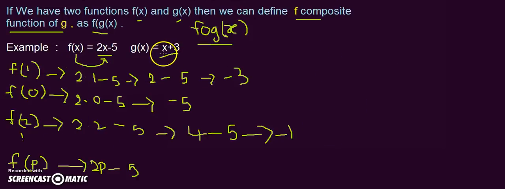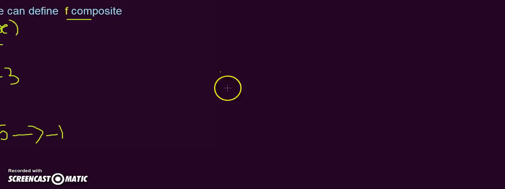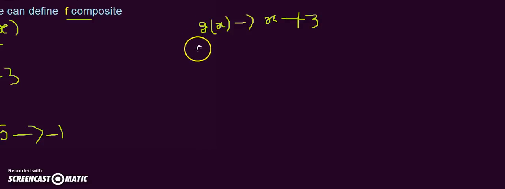Similarly, if I want to go for g of x, which is x plus 3, right? G of x is equal to x plus 3. Now if we want to find g of 1, it will be 1 plus 3, which is 4.